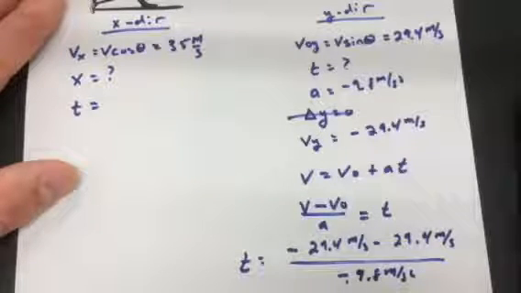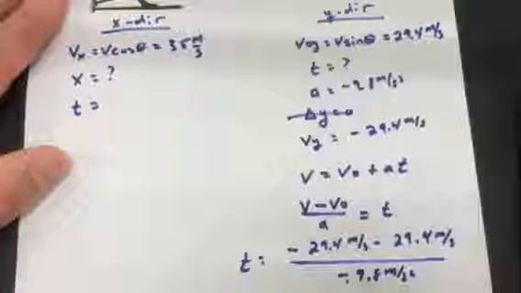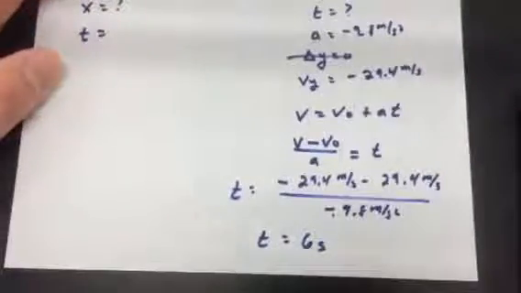Can't forget that. So if we do this minus this, we get negative 58.8. Divide that by the negative 9.8, and we'll get a time that is positive, 6 seconds. If you ever end up with a negative time from your equation, you know you did something incorrect.